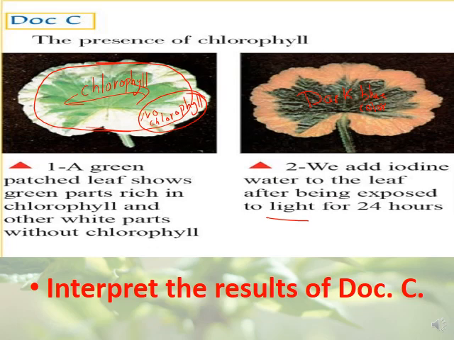What does this indicate? This indicates that we have starch only in the center where we have chlorophyll, while there is no production of starch in the periphery where we have no chlorophyll. So this means that chlorophyll is important for the production of starch.